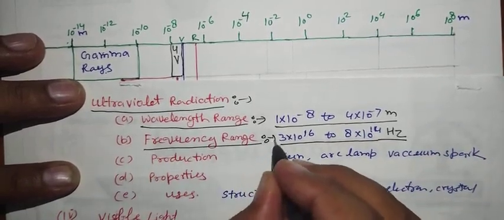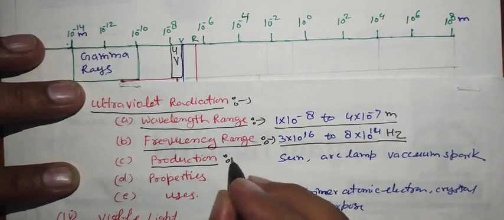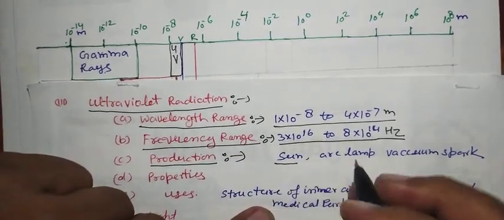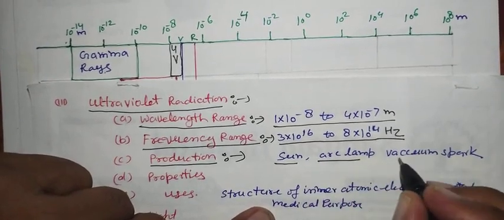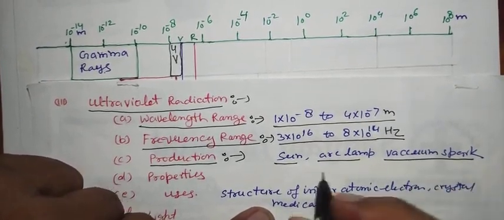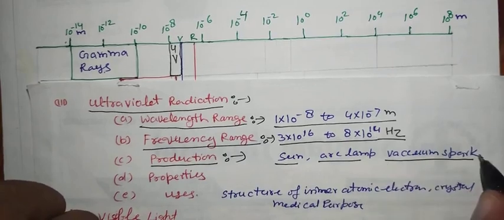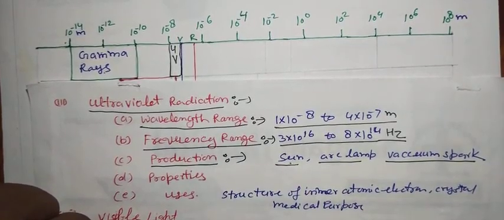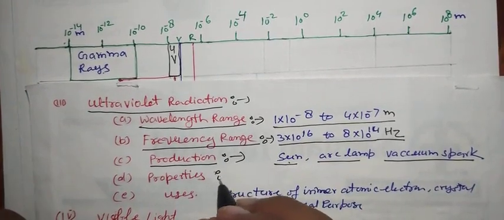Production: natural source is the sun; arc lamp and vacuum spark also produce ultraviolet.